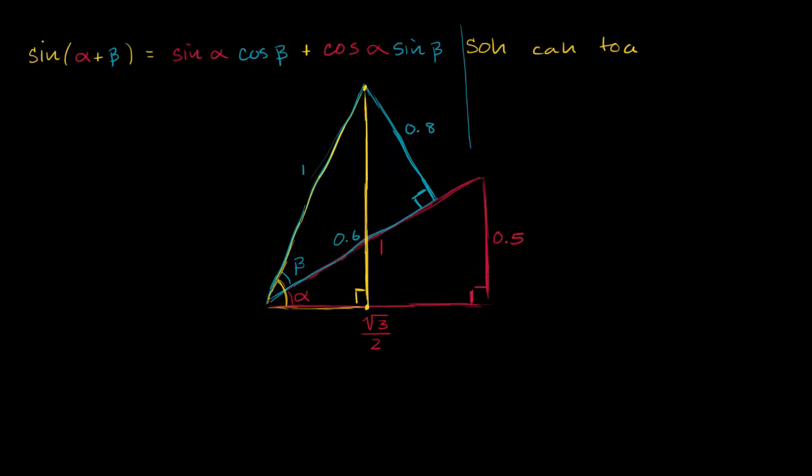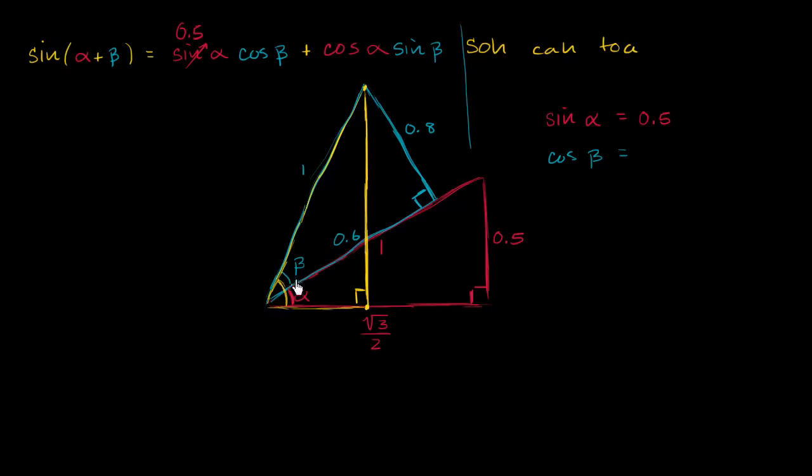So let's do that. Sine of alpha, I'll write it over here. This is alpha. Sine is opposite over hypotenuse, so it's 0.5 over 1. So this is equal to 0.5. Cosine of beta: this is beta, and cosine is adjacent over hypotenuse.